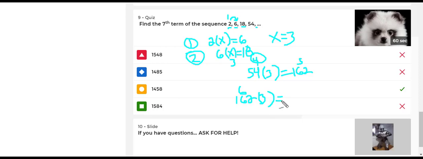So 162 times 3 is 486 for the 6th term. We're trying to get to the 7th term, so now we go 486 times 3, and that is 1,458, which leads us to the answer in the yellow, 1,458.